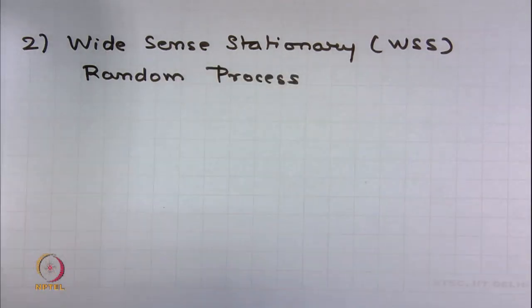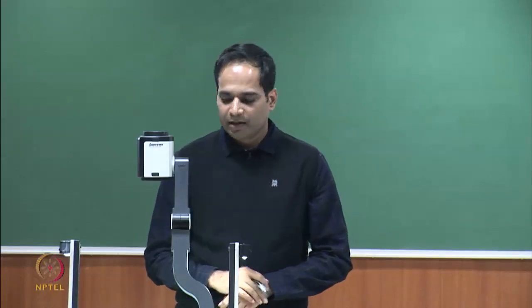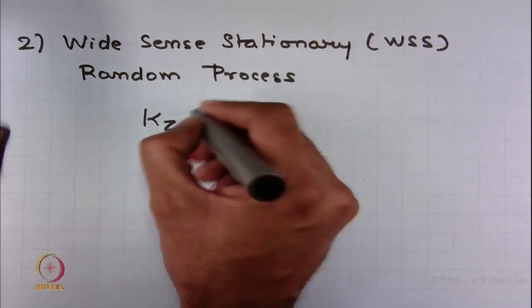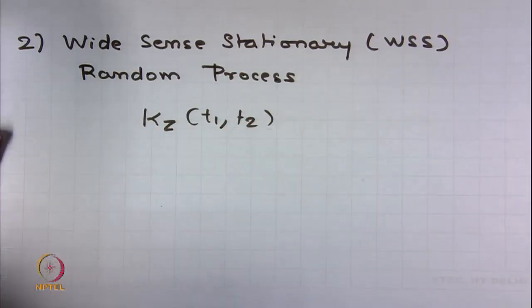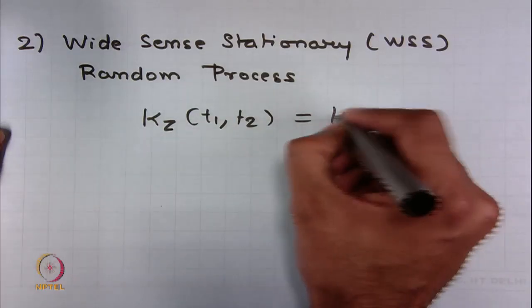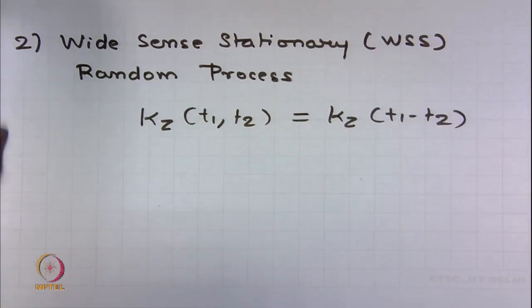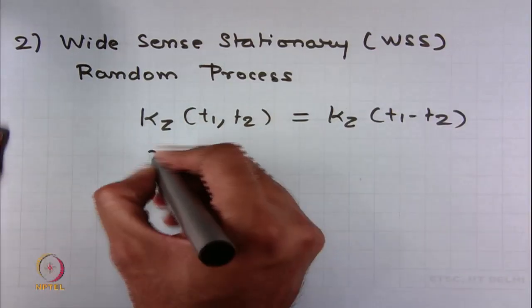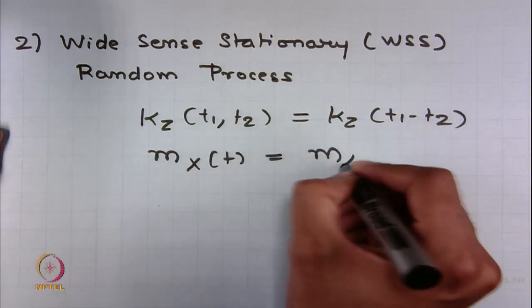So, of course, they are stationary random processes in some sense, in the wide sense, right. So, what we say is a random process is wide-sense stationary if the two-argument based covariance function can be converted into a single argument based covariance function, and the mean of the random process is a constant.